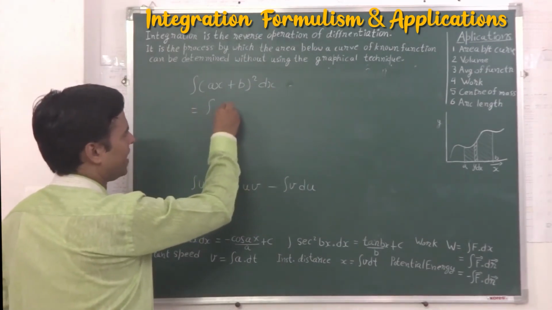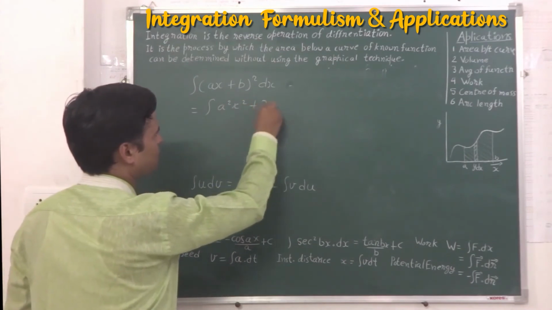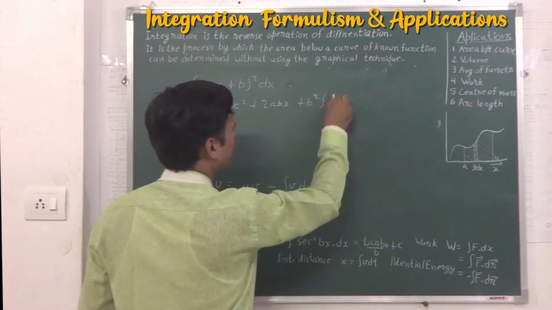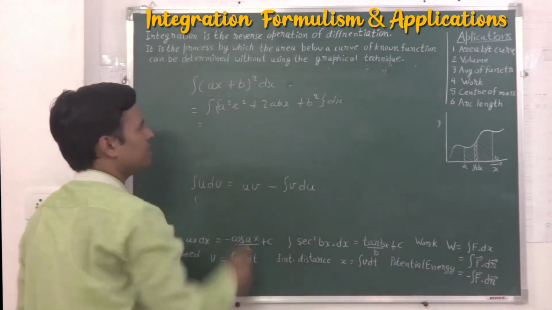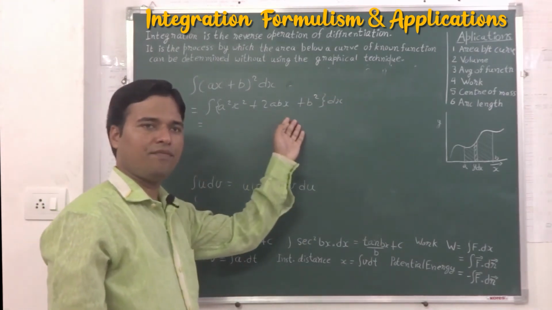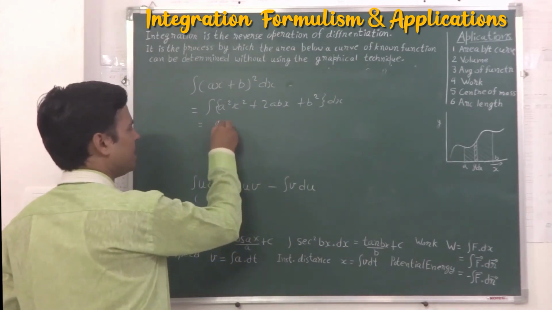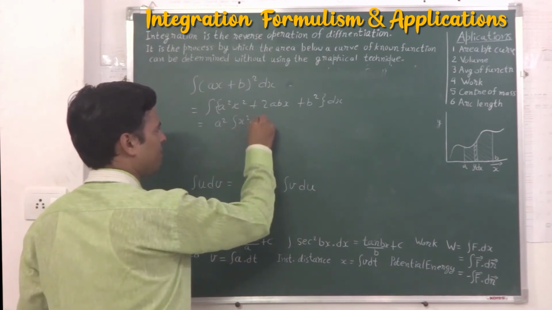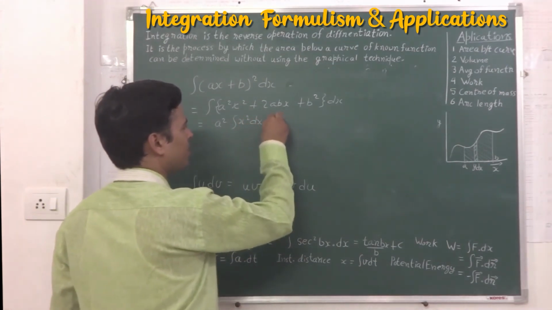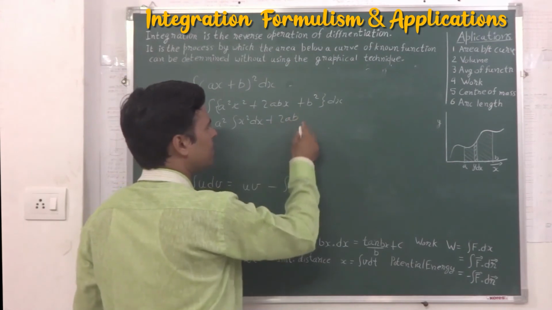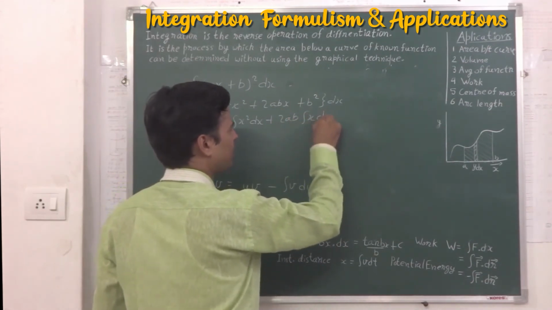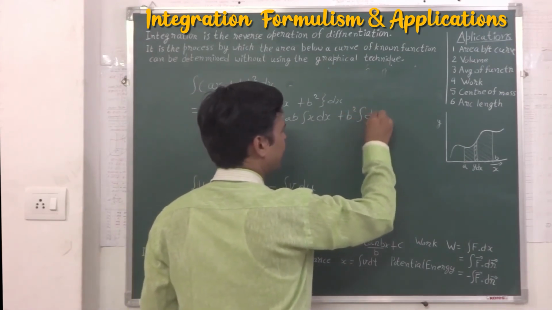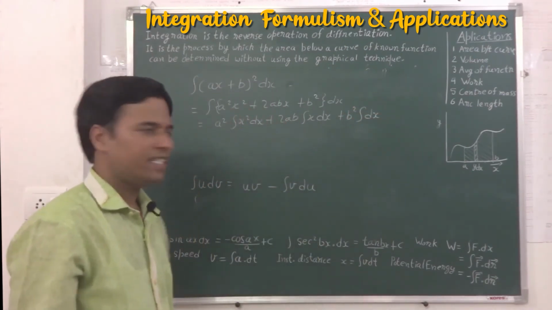We will get a square x square plus 2abx plus b square dx, and then separate these three functions and you will get a square outside, the integration of x squared with respect to x, plus 2ab outside, integration of x with respect to x, plus b square outside, integration of dx.